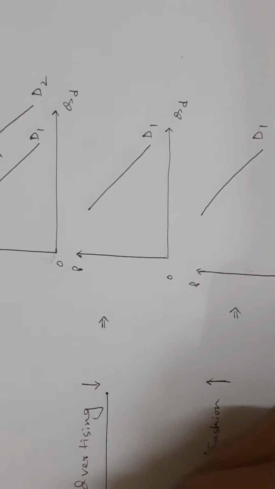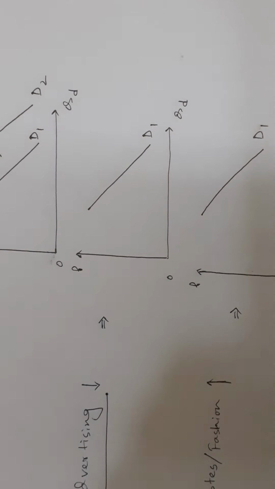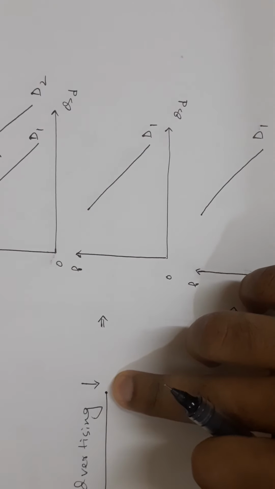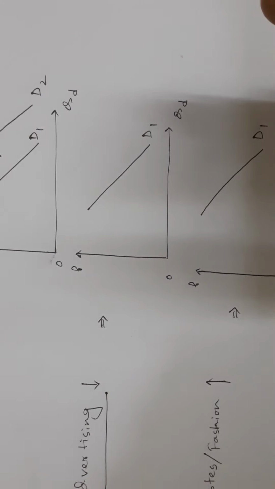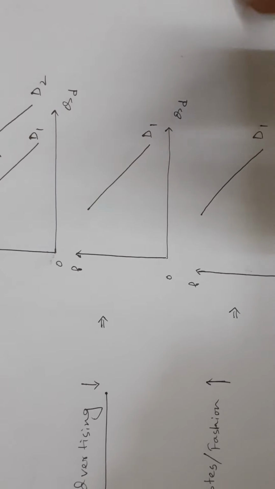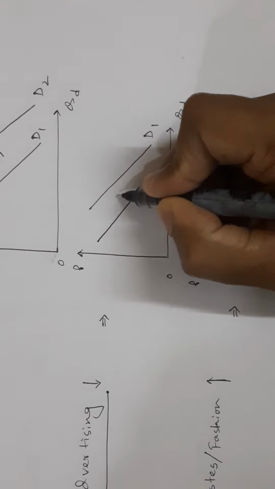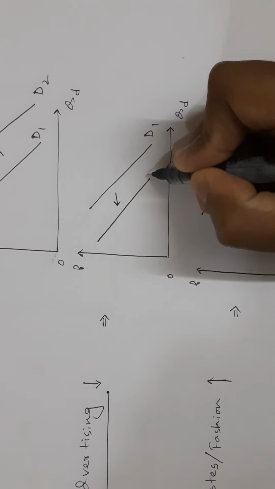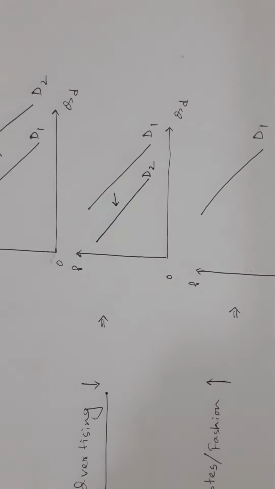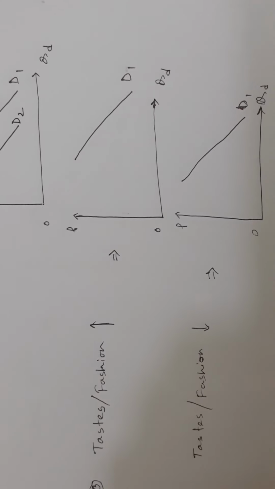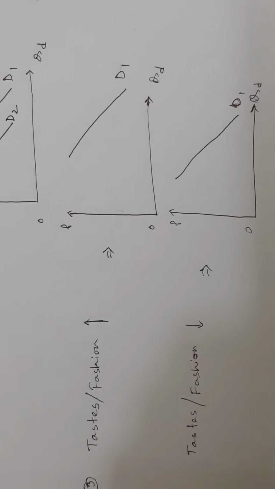Will demand rise or fall? Definitely it's going to fall. No advertising means the product will become less popular, and as a result the demand curve will shift to the left from D1 to D2. The next factor that affects the demand curve is taste or fashion.